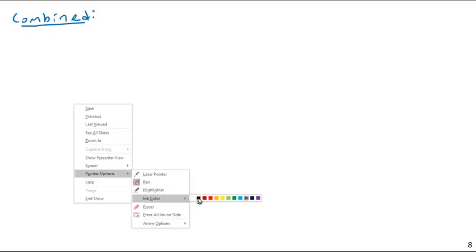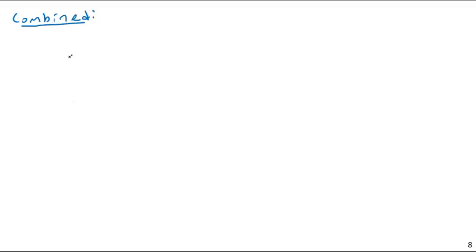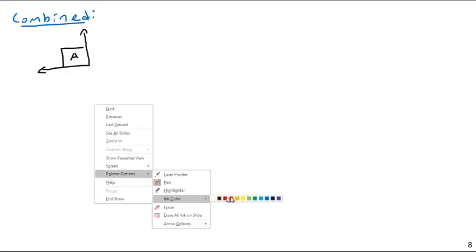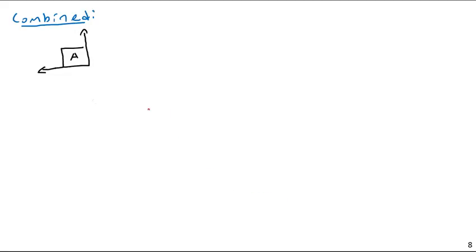So let us draw the stress element with the different loads superimposed on top of each other. I'll have element A here. And I am actually going to have loads in every direction possible. Isn't that lovely? So I'm going to have X and Y normal stress, and I'm also going to have shear.